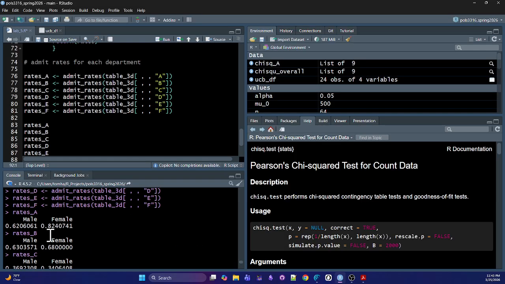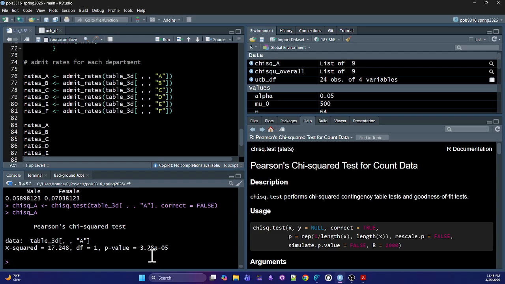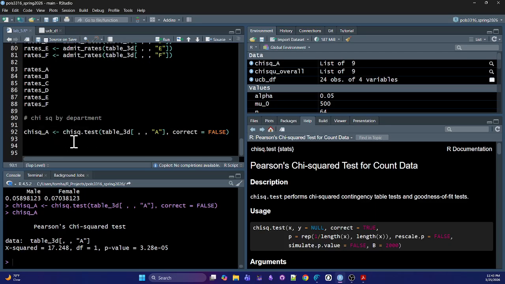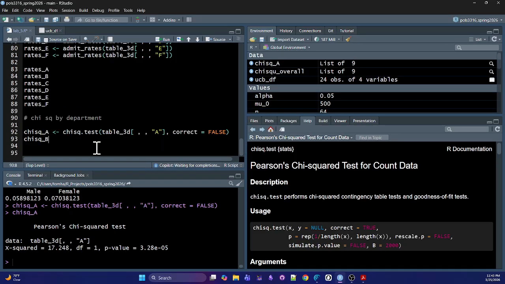Department A was the one that I said was probably significant, where females had this massive advantage. And sure enough, p-value of basically five zeros followed by a 3, way less than a p-value of 0.05. So now we're going to do chi-square B, and it's going to be just chi-square test.